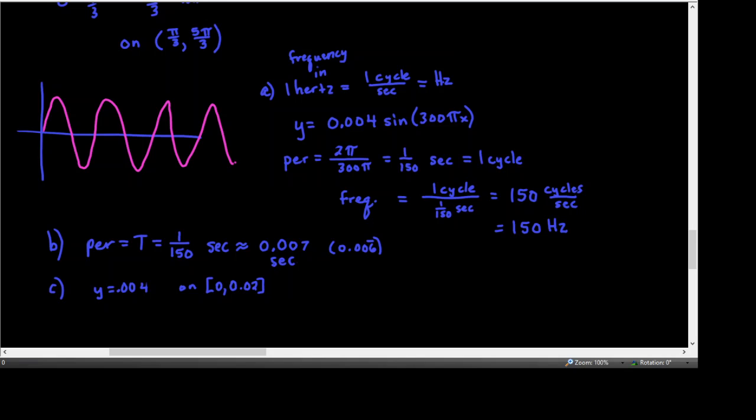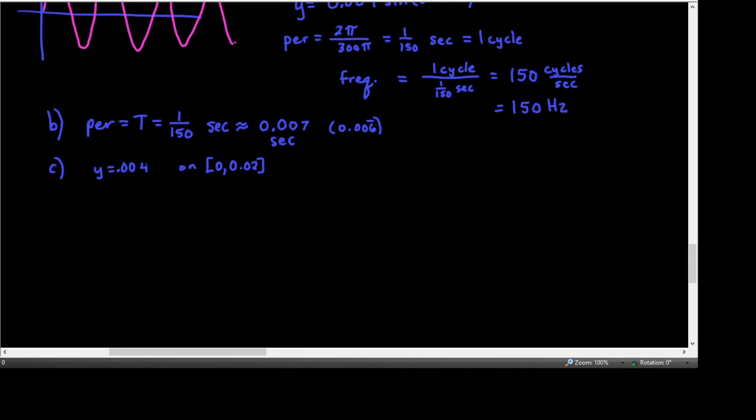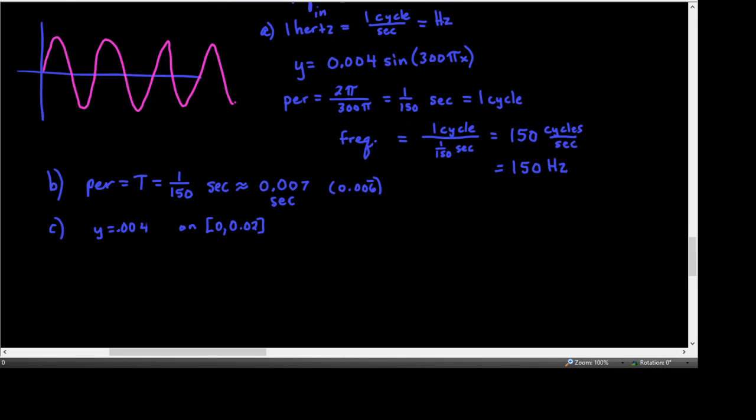Okay, so we're supposed to find every time that graph has a value of 0.004. And I'm not going to say I know exactly where that is, but let's just say that maybe that was here. So they want us to find every time it's that value.